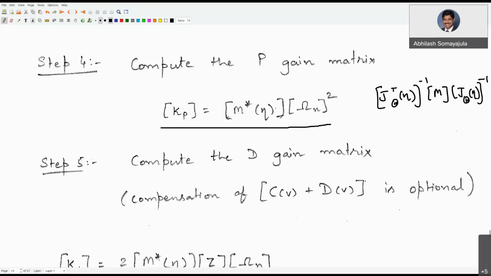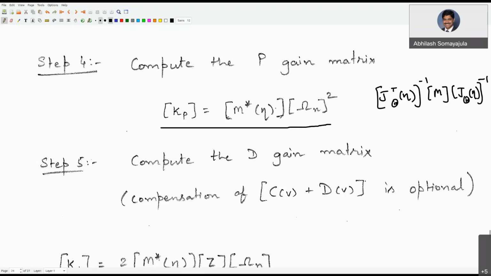So even though M itself is not varying with time, J of theta may be varying with time. So therefore M star may vary with time. So we have landed ourselves in trouble: if Kp is not fixed, how do you make sure that your control law is still valid?